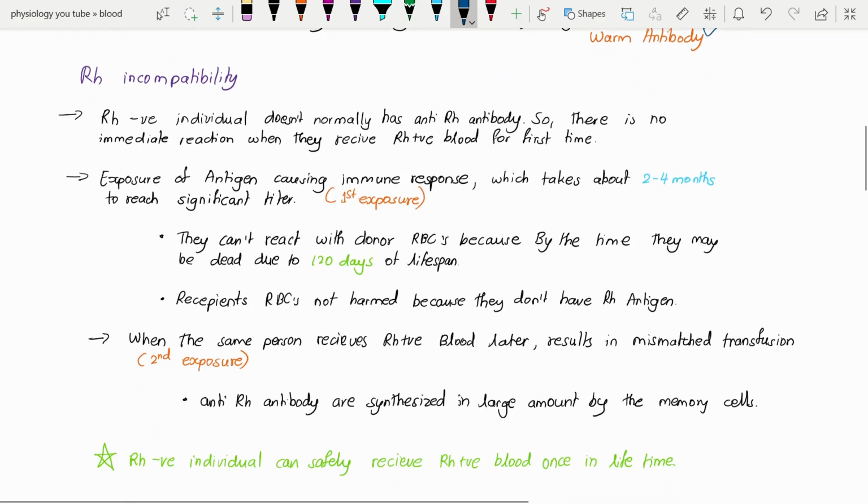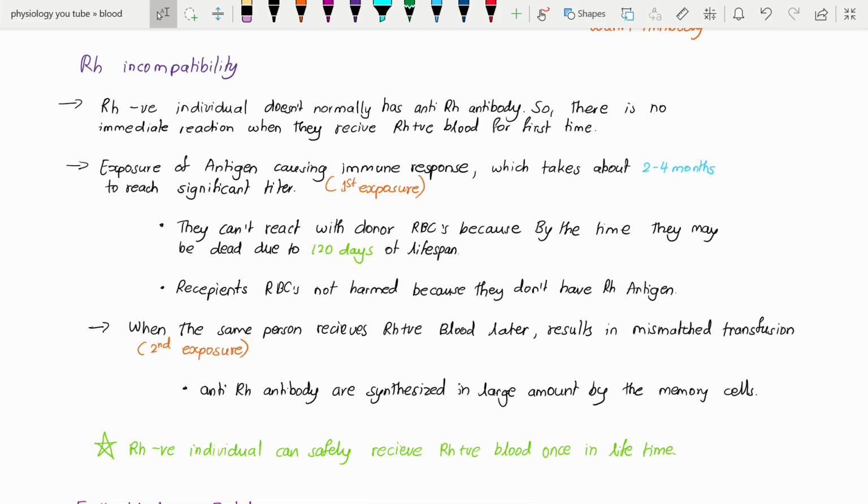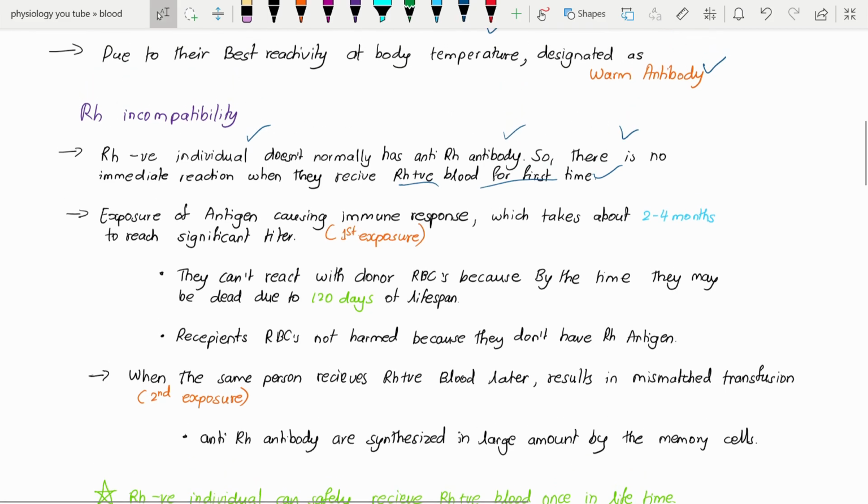What is Rh incompatibility? As we know, an Rh negative individual does not normally have the anti-Rh antibody, so there is no immediate reaction when they receive Rh positive blood for the first time. Before that, what is Rh incompatibility? This sentence does not mention that.